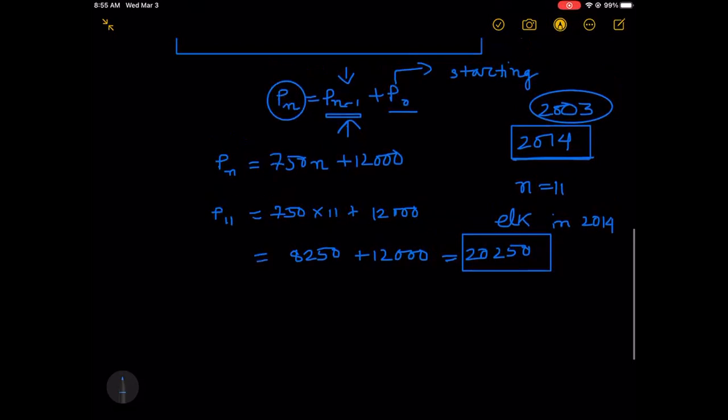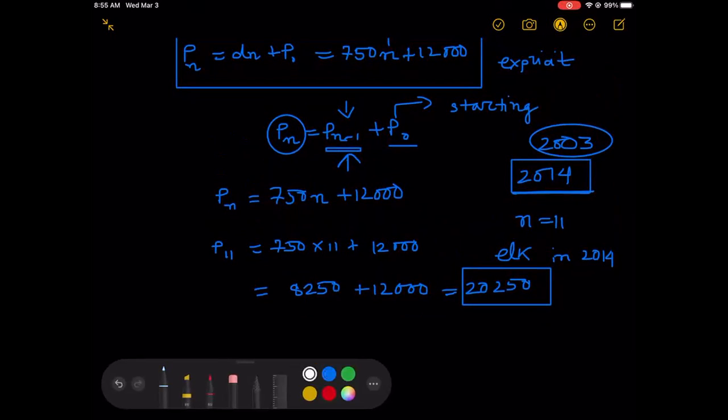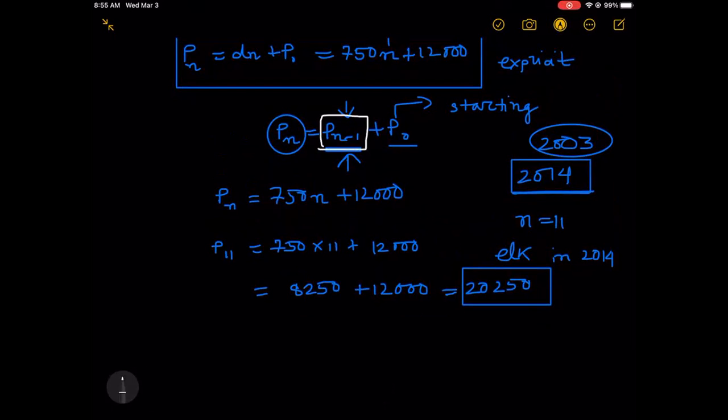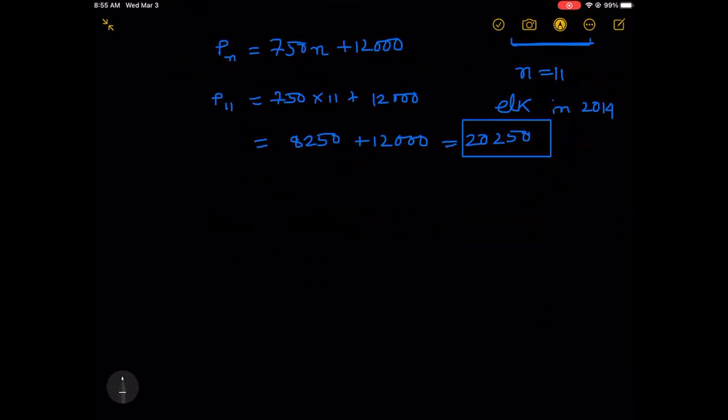You can clearly see we need to have the population of the previous year. That means if we want to calculate P11, we definitely need P10 plus, of course, P0.